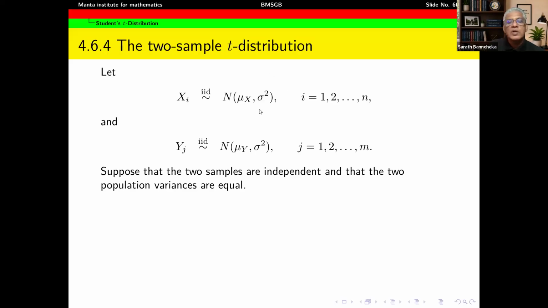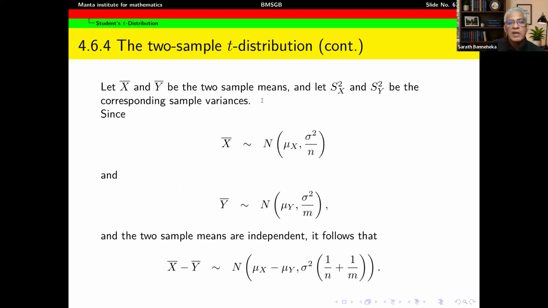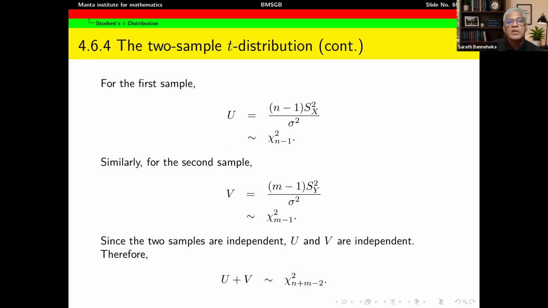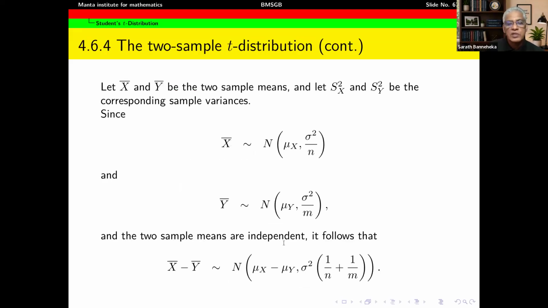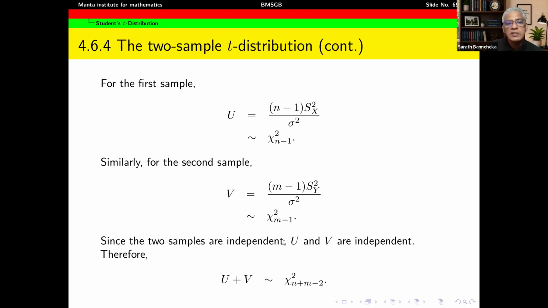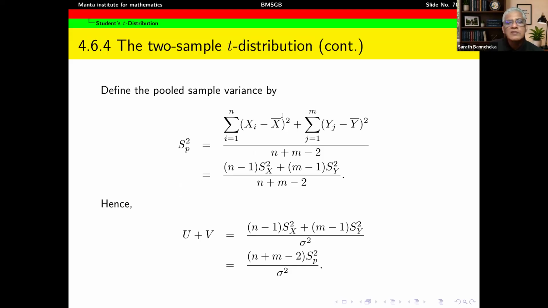So Sx square is an estimator for sigma square coming from the first sample, and Sy square is an estimator for the same variance sigma square using the second sample. What I have here is a combination of those two, a weighted sum, or actually the average.